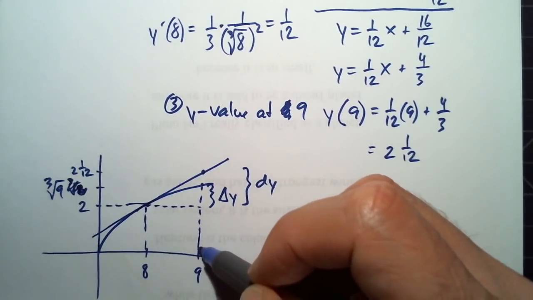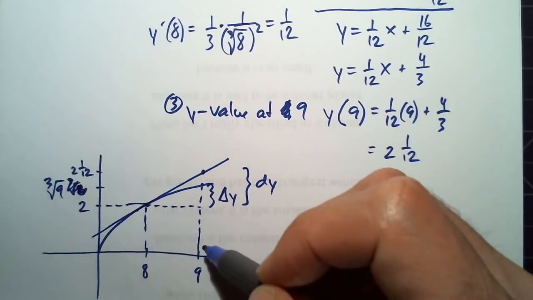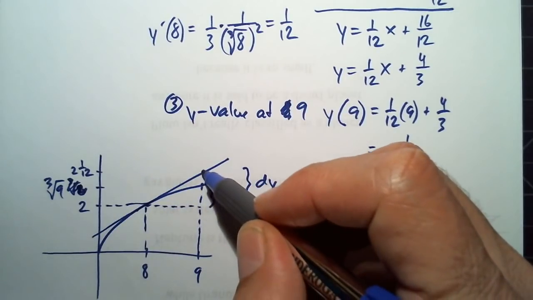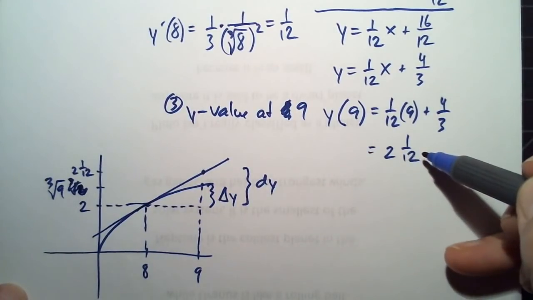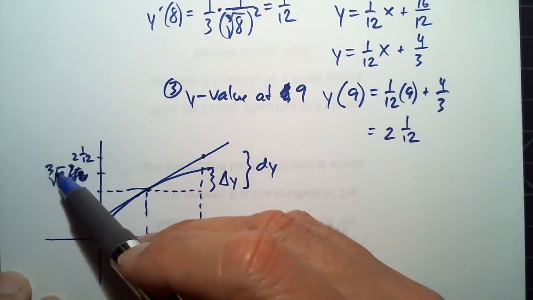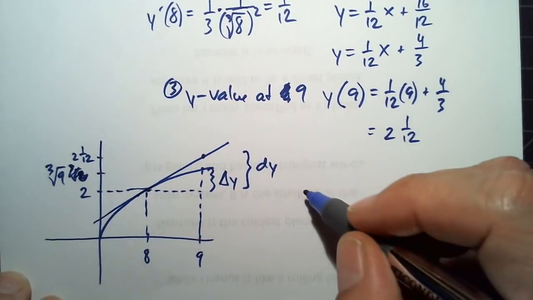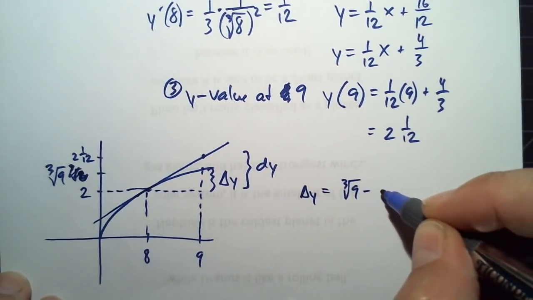At 9, the y value is cube root of 9, and that's that y value. We also have at 9 the y value of the tangent line, and that's what we found right there. So if we want delta y, it's cube root of 9 minus 2. Delta y is cube root of 9 minus 2.